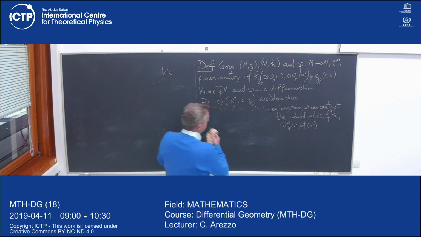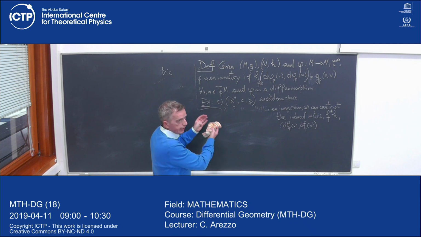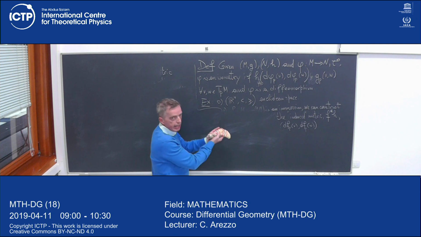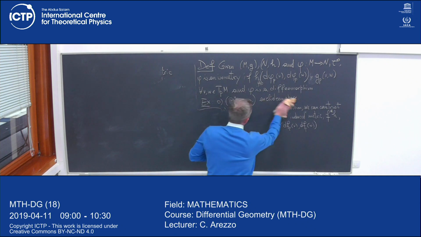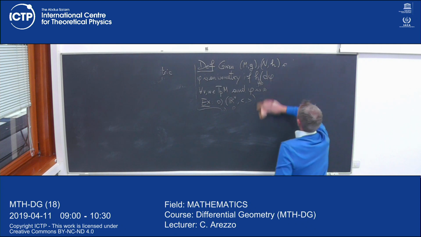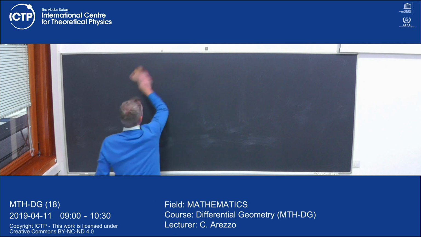Okay, so now we pass from differentiable to Riemannian. So the obvious question is, does every differentiable manifold have a Riemannian metric or not? I mean, are there fewer Riemannian manifolds than differentiable manifolds? So let's face it, because actually the answer is quite interesting, because the answer is yes, there is one.